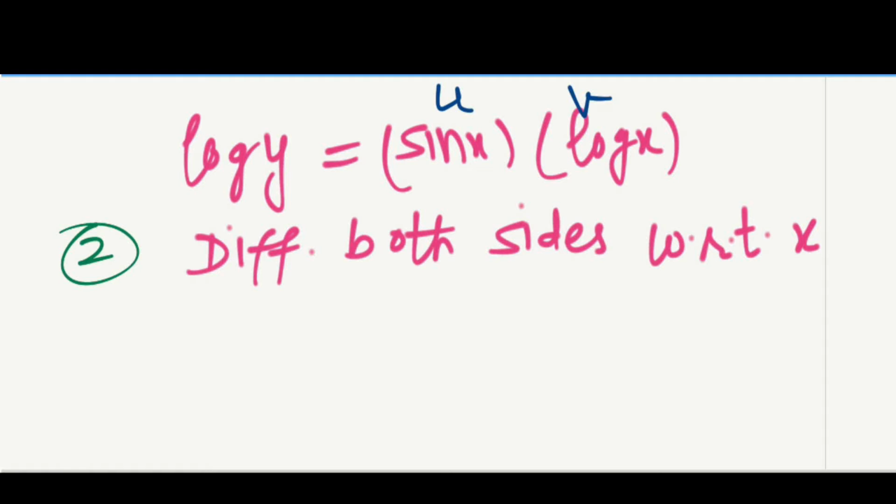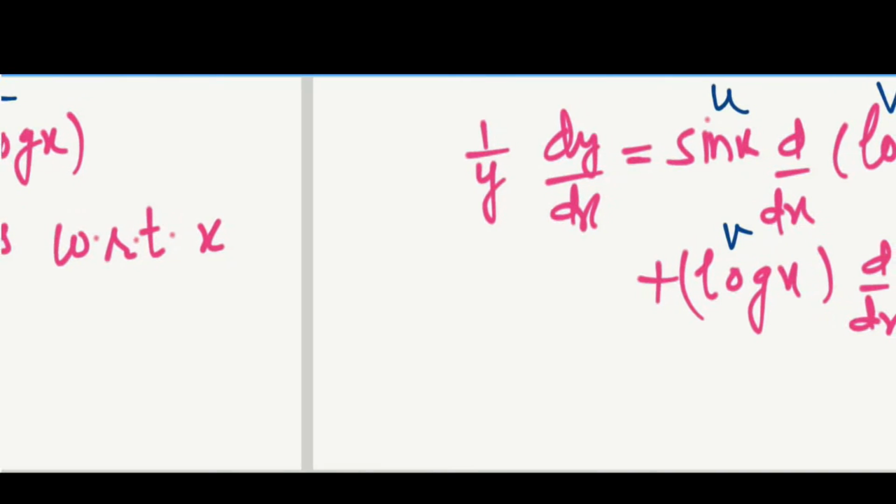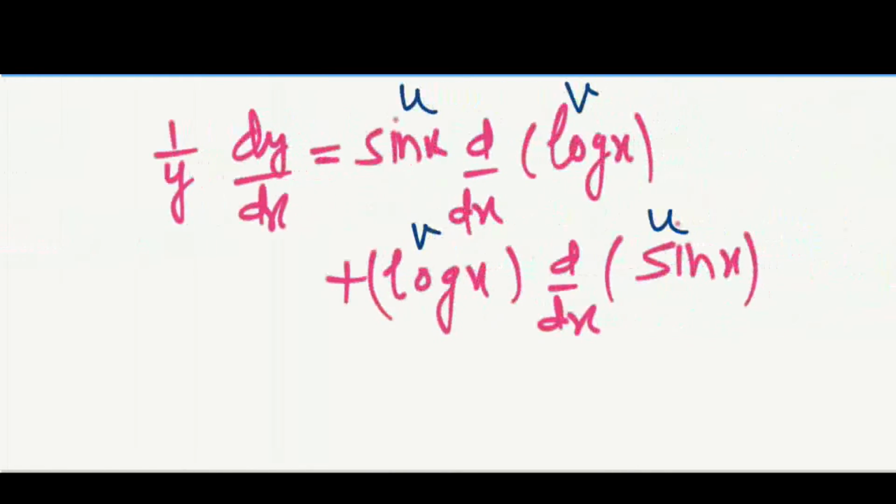You remember that rule? So using this we get sin x, that is u, into derivative of log x, that is v, plus log x into derivative of sin x.